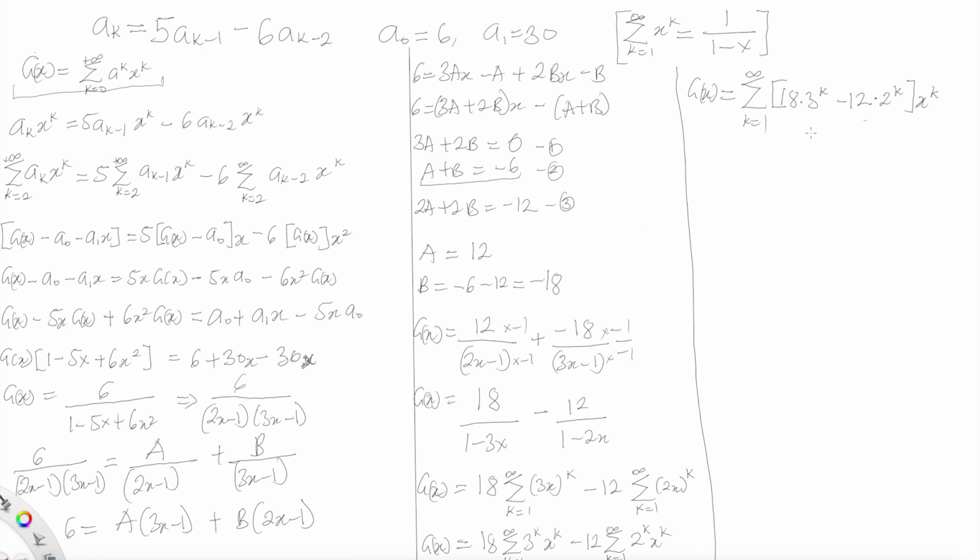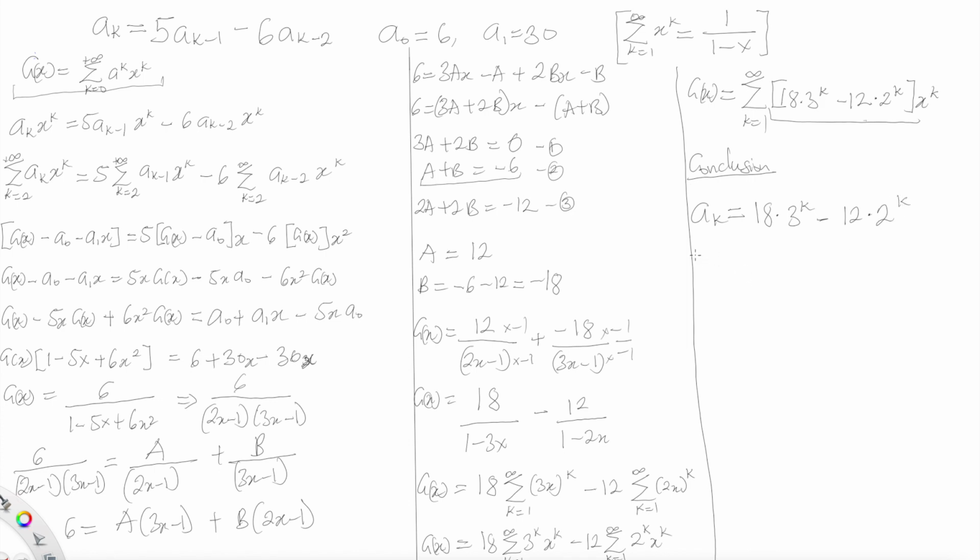Since this would now be our a k, we could now conclude that a k equals 18 by 3 exponent k minus 12 by 2 exponent k.